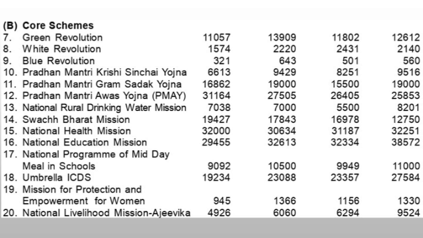Then National Health Mission has got 32,251 crores, which includes the Ayushman Bharat. Swachh Bharat has got 12,750 crores. National Education Mission got 38,572 crores. Midday Meals got 11,000 crores. ICDS, Integrated Child Development Scheme, got 27,584 crores. National Livelihood Mission Ajivika got 9,524 crores.